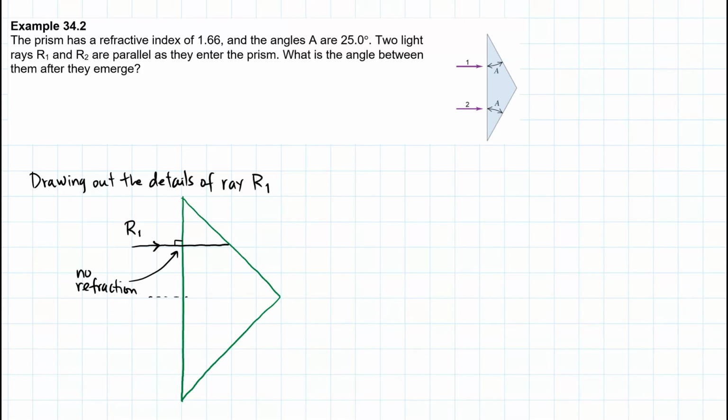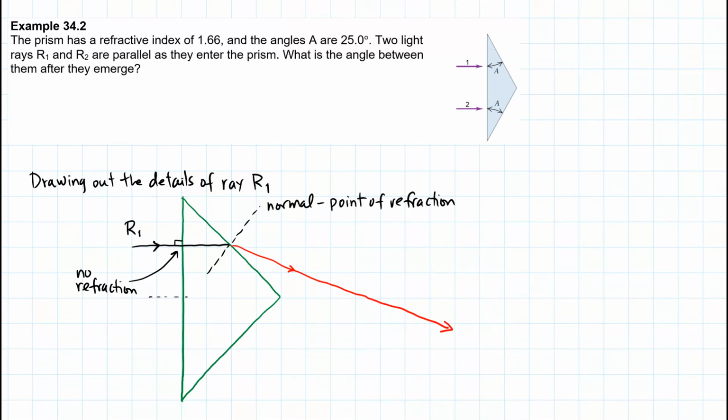When we have this beam interacting at this point of refraction right here, now I have to pay attention to the normal. Let's draw that out first. At this point of refraction, the ray will now bend. Let's draw that. Now, what is the angle that this ray emerges?